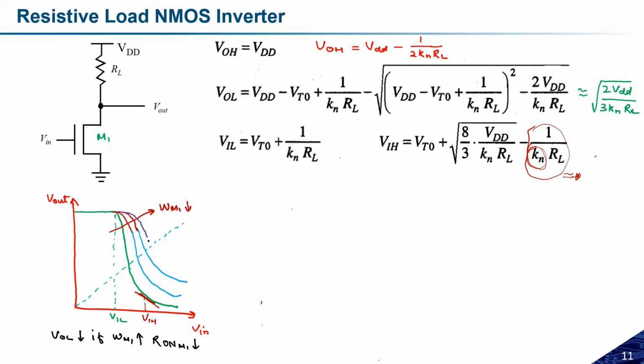Suppose you have done something like this, where this point is VDD by 2, and this is the condition when RL is equal to R on of M1. This is the condition at which you will receive VDD by 2. So this is the characteristic of this resistive load inverter, and this is how it works.